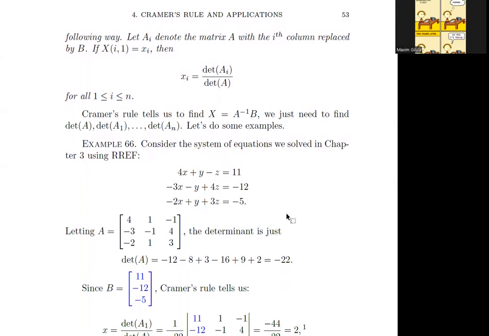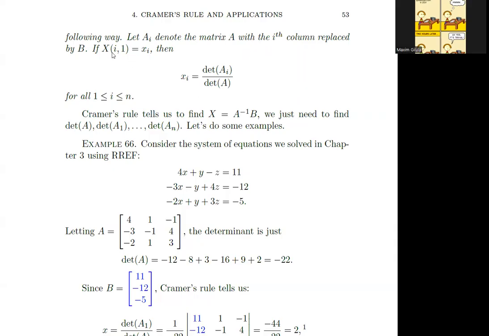So let Ai denote the matrix A with the ith column replaced by b. So A has a bunch of columns, and we're going to take the ith one, and instead we're going to insert b in here. But all of the other columns stay the same. So that's Ai.